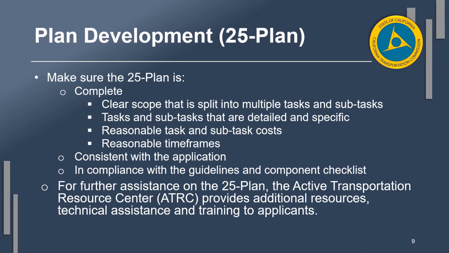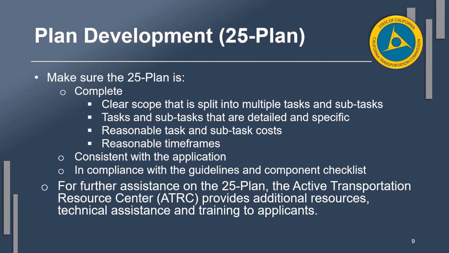So the first tab provides instructions on how to properly complete the document. The second tab is the plan components tab, and this is where you'll be checking boxes for the component or components the plan will include. If there are any components that you are not including, please make sure to explain why that component is not applicable.